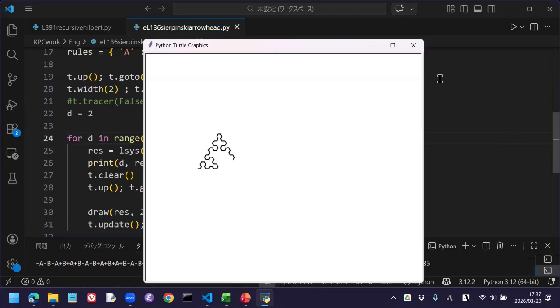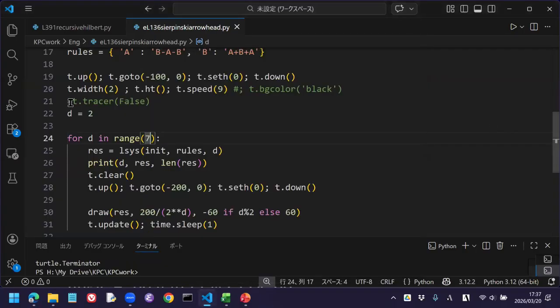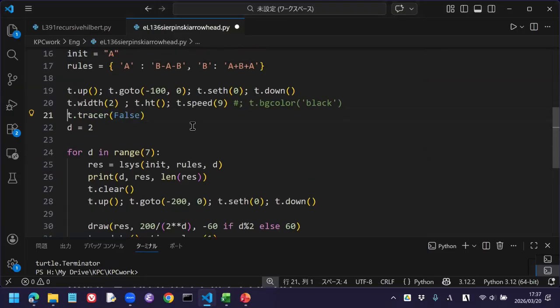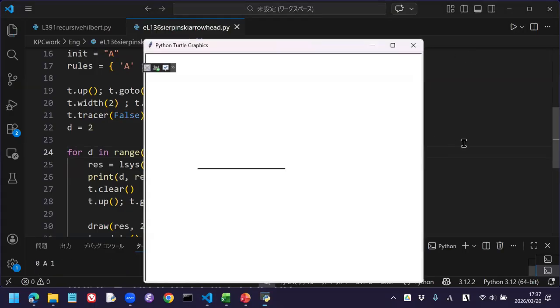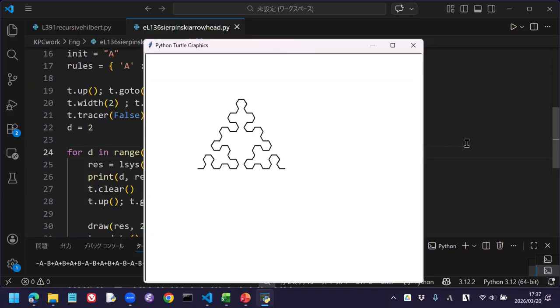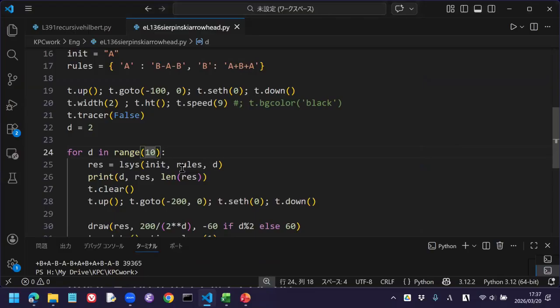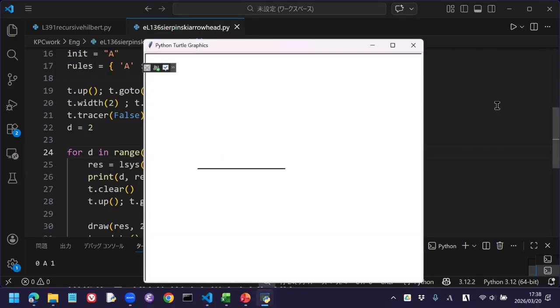It's becoming better, though. Let's set the tracer off and see up to, say, 10. 0, 1, 2, 3, 4, 5, 6. Oh yeah, now you see the Sierpinski gasket. It's too much. Maybe we can change it back to 8 to see 0, 1, 2.